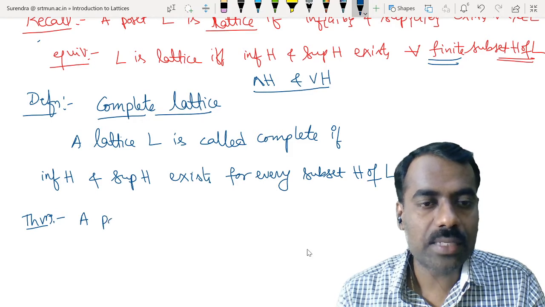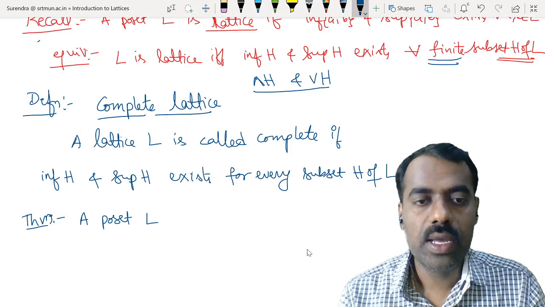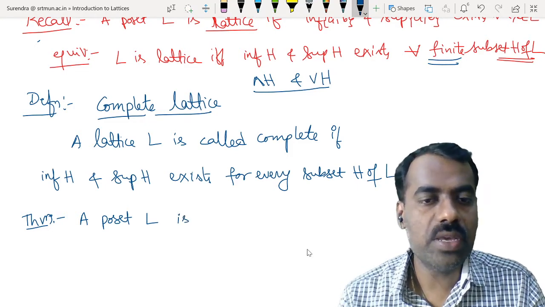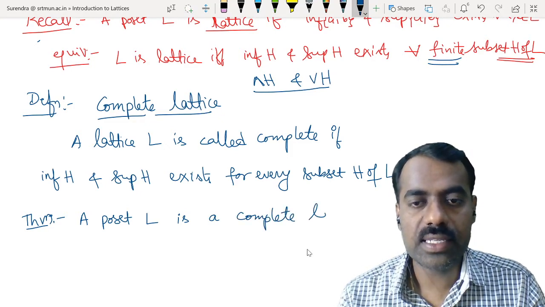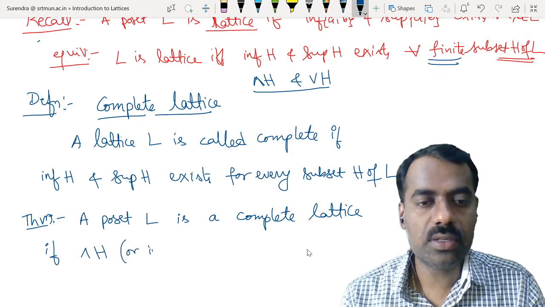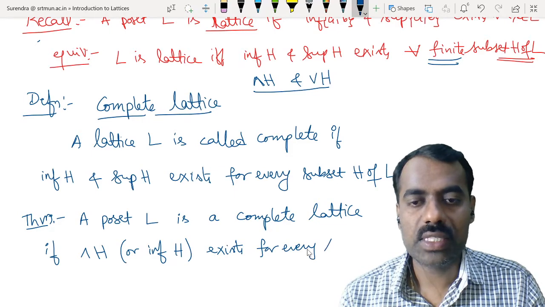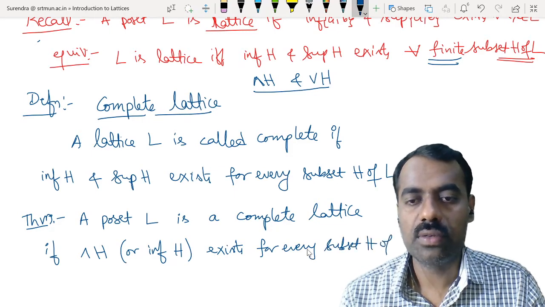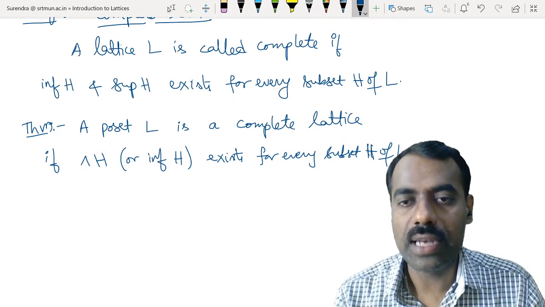So a poset L, you can call it L or P, is a complete lattice if the meet of H, also called the infimum of H, exists for every subset H of L, not necessarily finite.